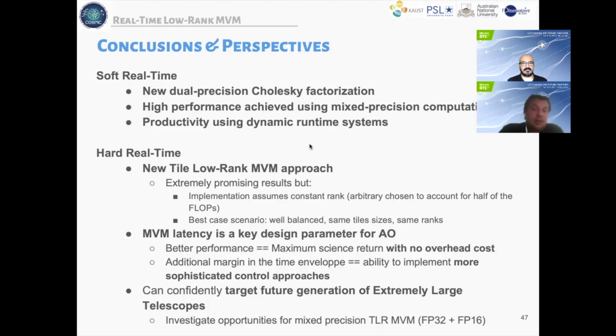And most importantly, as we are moving on with more and more challenging projects, we can confidently target the future generation of extremely large telescopes and merge all the approaches we have presented today and investigate opportunities for mixed precision tile low rank approaches for the hard real-time controller.